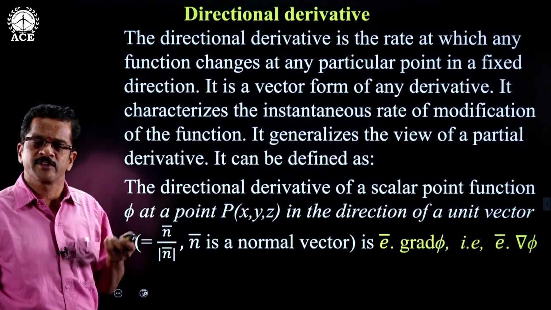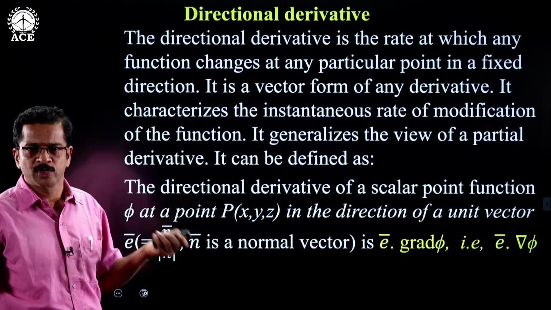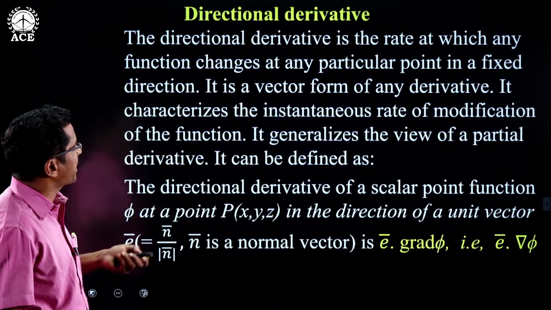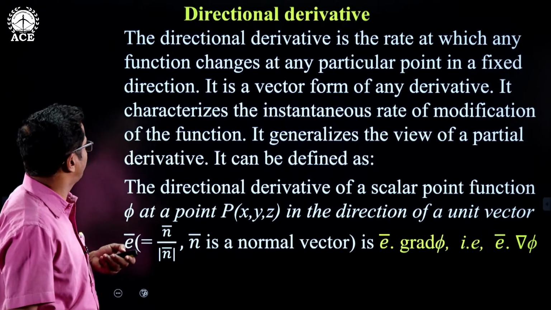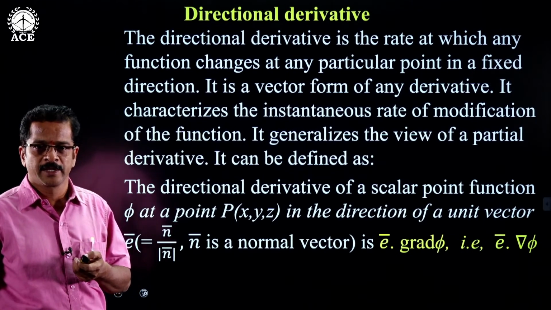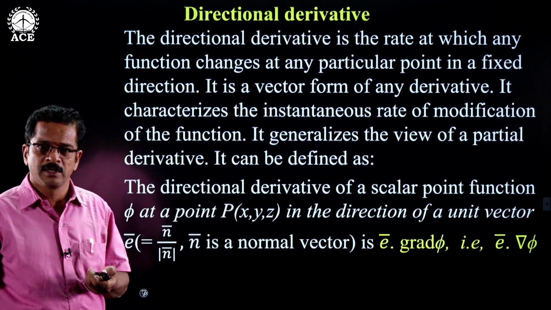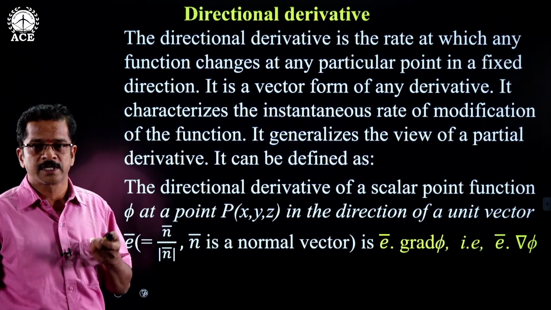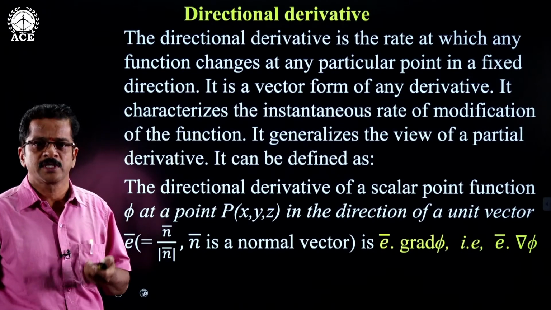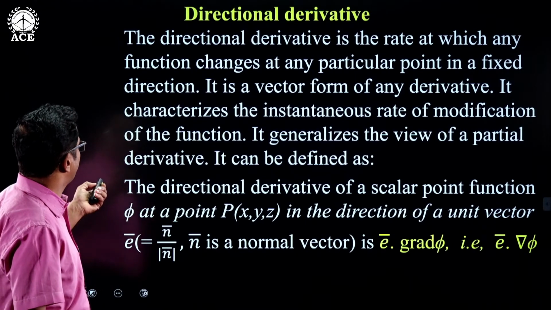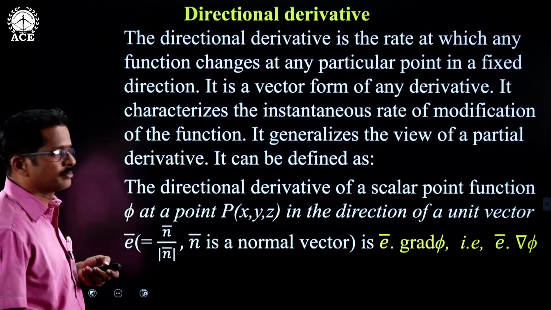It's a differential operator only, but the character is the instantaneous rate of modification of the function. So it defines the instantaneous characteristics of the function, and it generalizes the view of a partial derivative.